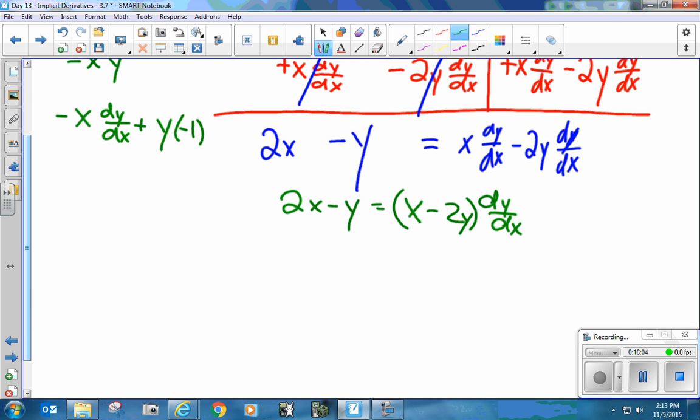Right in your face. 2y. Oh, you almost got it. Close. All right, now what do I do? Yeah, go ahead, say it. Divide by x minus 2y. This goes away, and now I have dy dx on this side, but I also have to divide by x minus 2y.